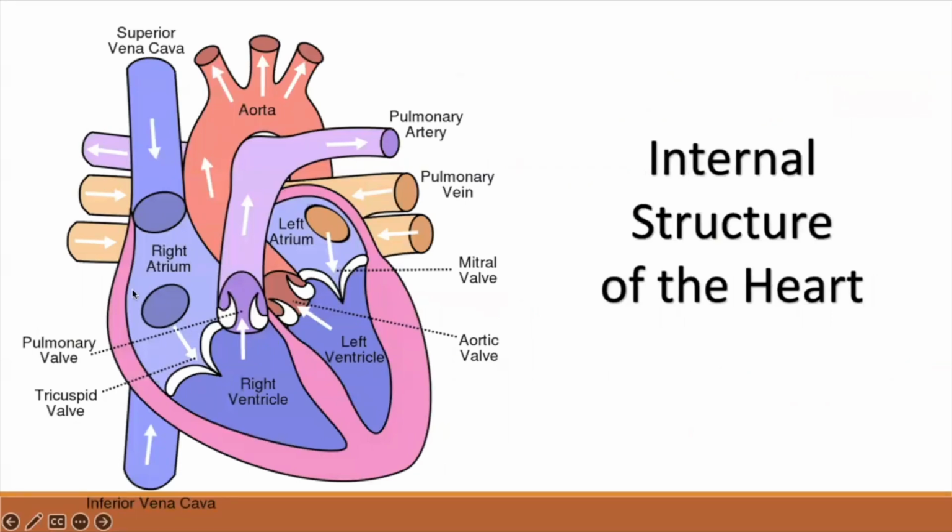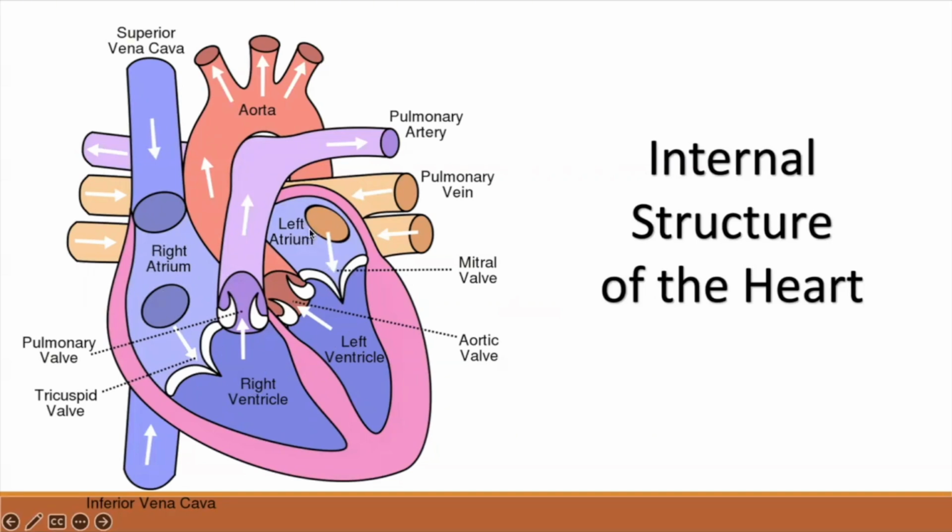And then on the right side, there is the upper chamber. It's a bit bigger than the one over here, but the upper chamber is here and the lower chamber is here. The upper chambers are called atria and the lower chambers are called ventricles. Now, you realize they have different names based on which side they are.